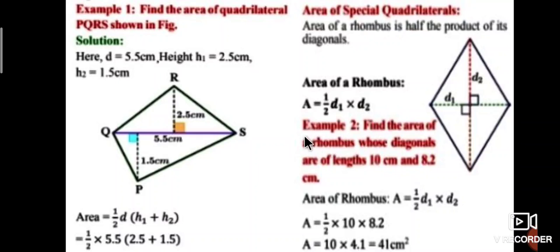Next, example 2. Find the area of a rhombus whose diagonals are of length 10 centimeter and 8.2 centimeter.